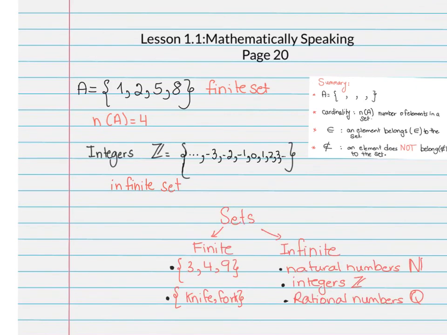So sets could be finite, they have a specific number of elements and we know its cardinality, and infinite, it does not have a specific number of elements. Other examples of infinite sets could be the set of natural numbers, the set of real numbers, as we said, integers and irrational numbers. All those are infinite sets with infinite number of elements.